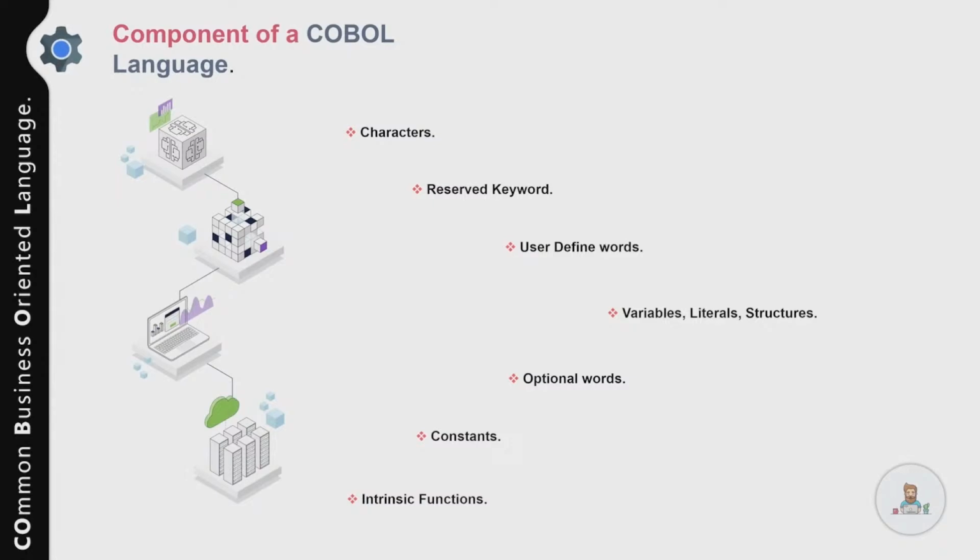Second one is reserved keywords. Then you have user-defined words. Apart from that, you have variables, literals, and structures. After that, you have optional keywords, constants, and intrinsic functions. And with the help of these components, you can create the business logic of the COBOL program.